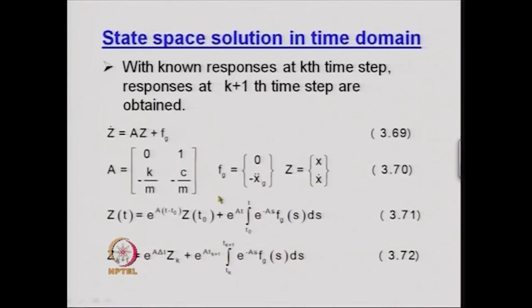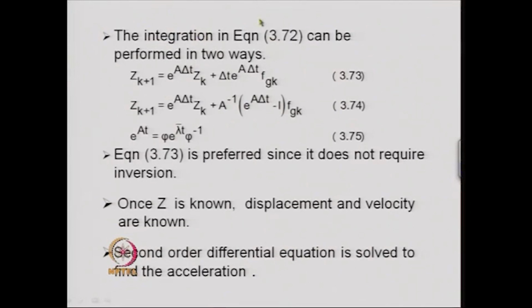Now, the integration which we had shown before can be performed in various forms. The two forms are given over here, so that one can get two expressions for zk plus 1. This is the first term involving zk, which is known, and it is e to the power A delta t, and this is the result of the integration we were discussing in the previous slide.